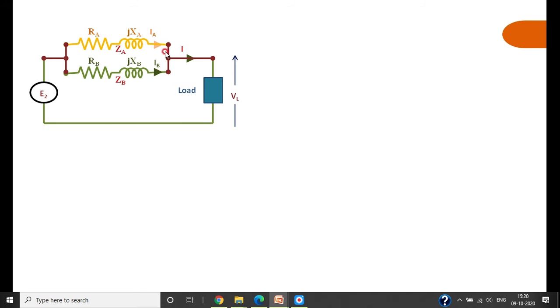The vector sum of these two currents gives I. You can see this parallel branch, and the voltage across these two is the same, which I am representing by V, and the parallel combination impedance I am representing by Z. That is, the whole thing can be reduced to a single resistance and single reactance, or a single impedance consisting of resistance and reactance.